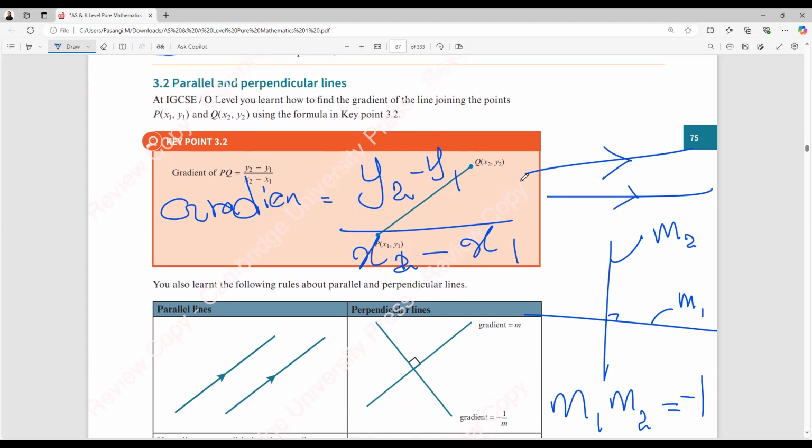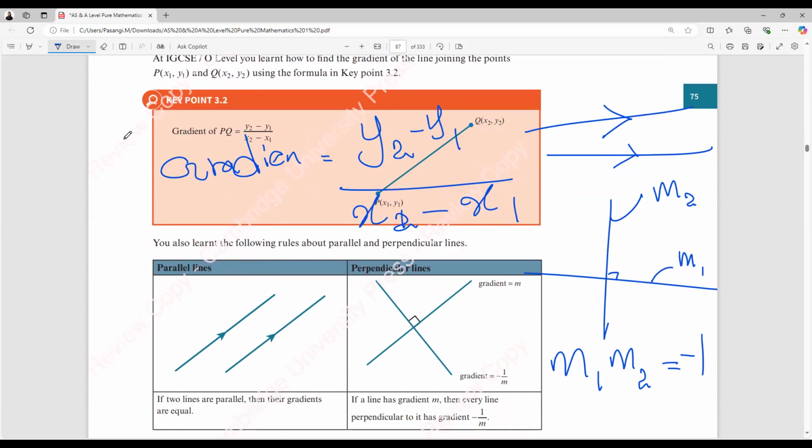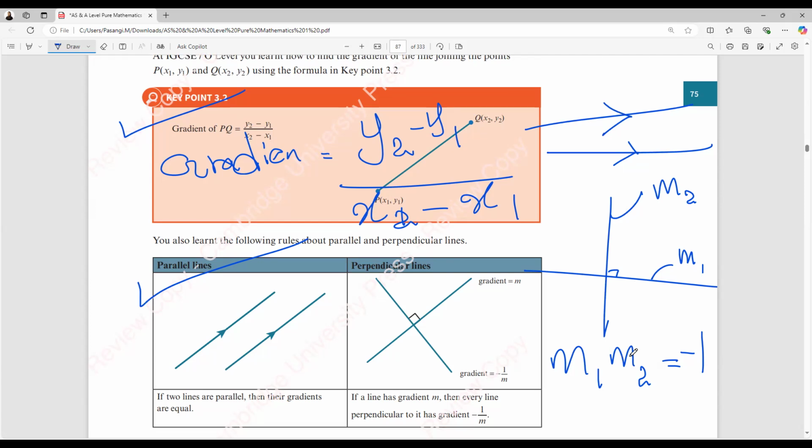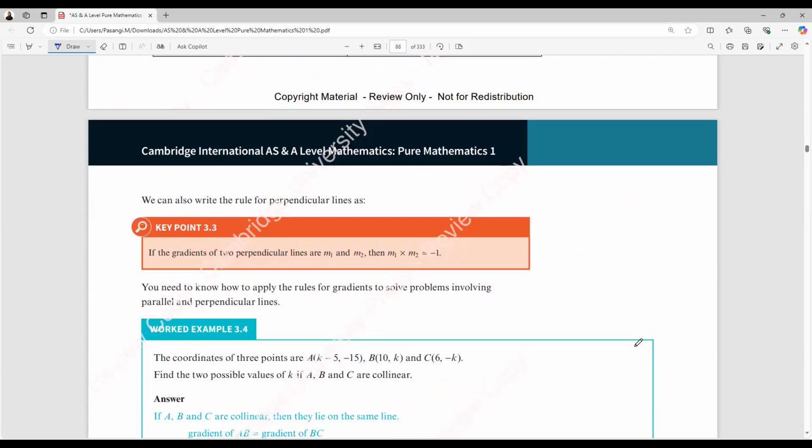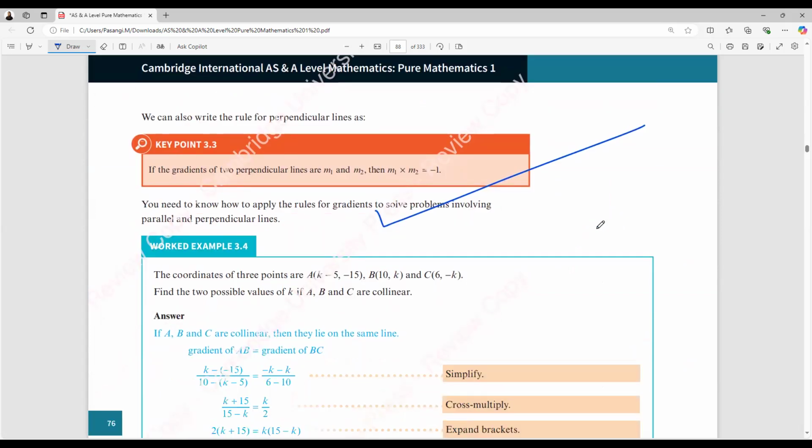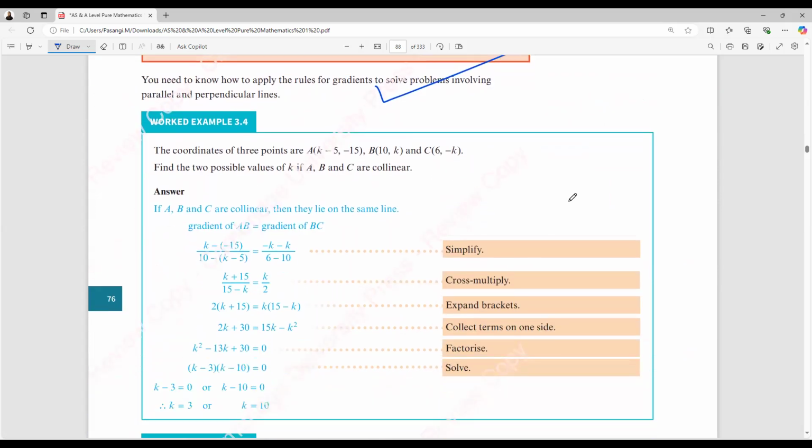Is it clear? If lines are parallel, we have two equal gradients. If they are perpendicular, the multiplication of the gradients should equal -1. That's what we have there. Okay, do the worked examples.